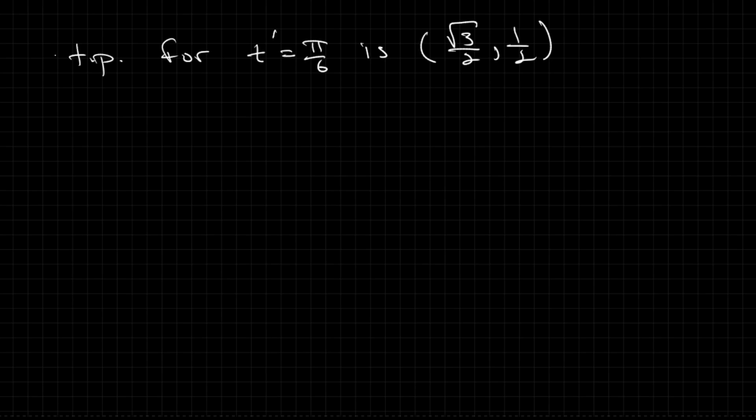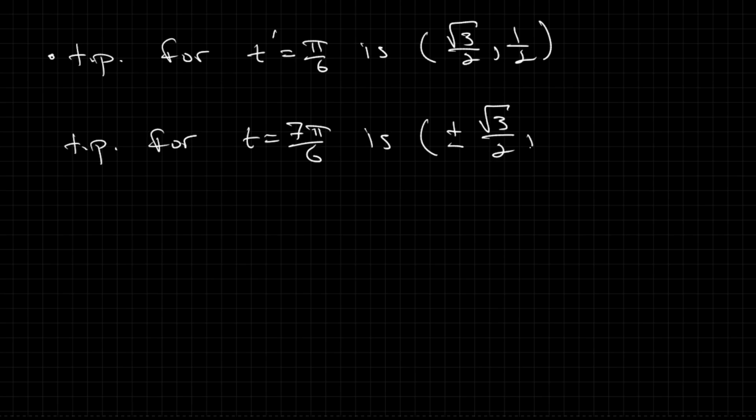And once you establish what the terminal point for the reference angle is, then the terminal point for t is going to be the exact same as the terminal point for the reference angle, except you'll have this plus or minus here, which you'll have to choose based on the quadrant.